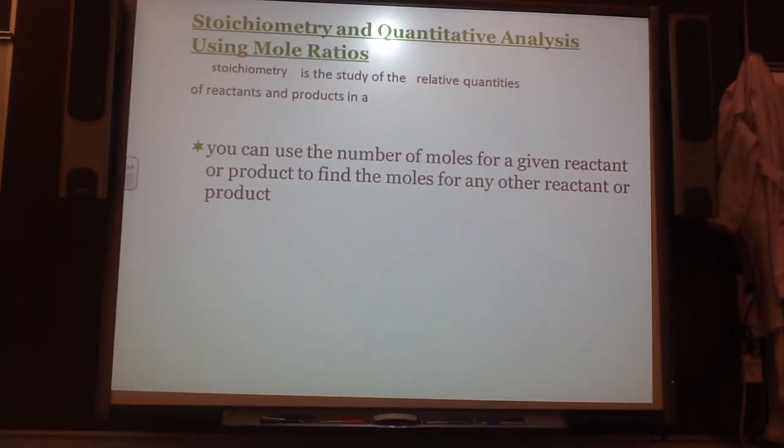All right, so the first blank, stoichiometry, is the study of the relative quantities, so that's the blank, relative quantities of reactants and products in a chemical reaction.